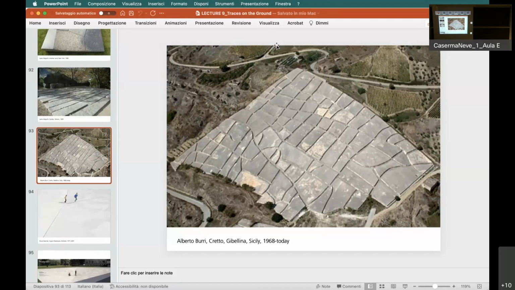So it's very different when you deal with Richard Long's idea of processual and ephemeral traces, which are based on the idea of something happening.